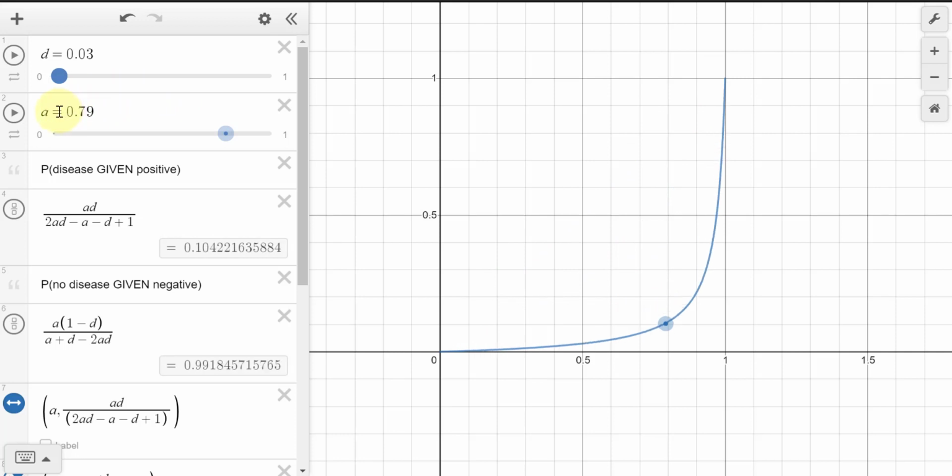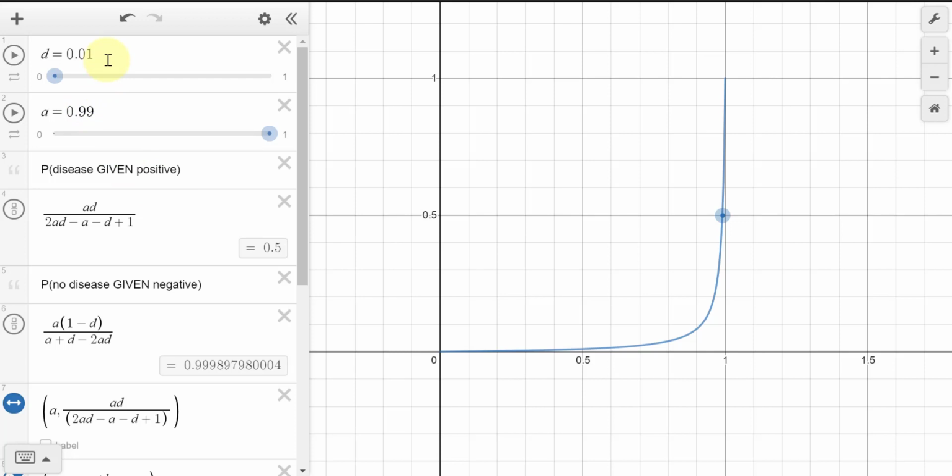But let's bring this down to just 1%. Suppose there was only 1% of the population that has the disease. Now you have to be extremely accurate in that test. Actually, even with a 99% accurate test, if you tested positive, there's only a 50% chance that you actually have the disease, because it's such a low incidence rate.